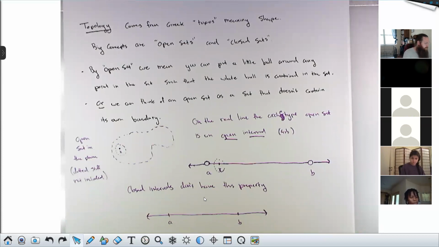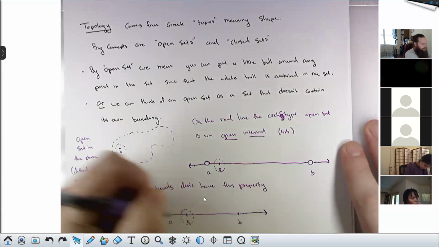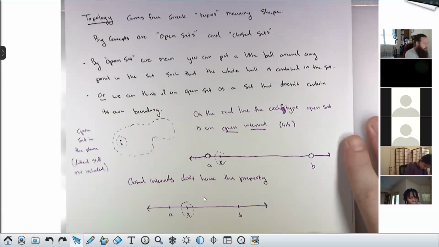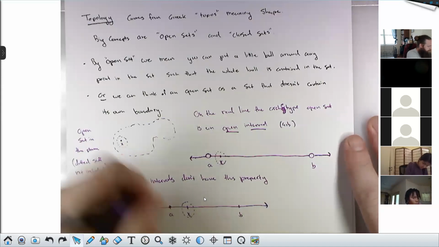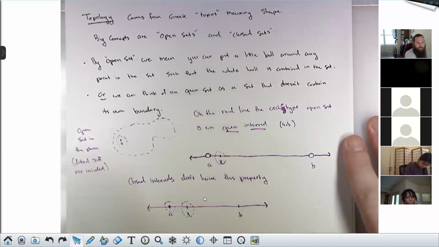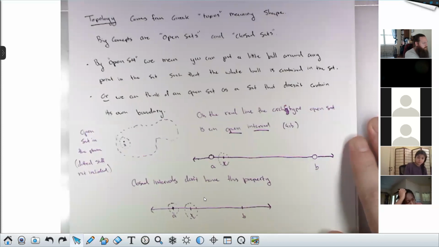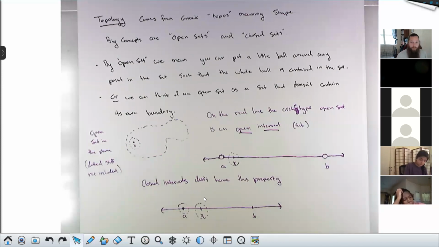So closed intervals, if you take your point X from the interior here, then you can put a little ball around it. But if you take your X to be one of these endpoints, then you're going to step out of the set with any little ball, no matter how small it is. So why is this important to us? This is going to connect in a deep way to the concept of a limit.